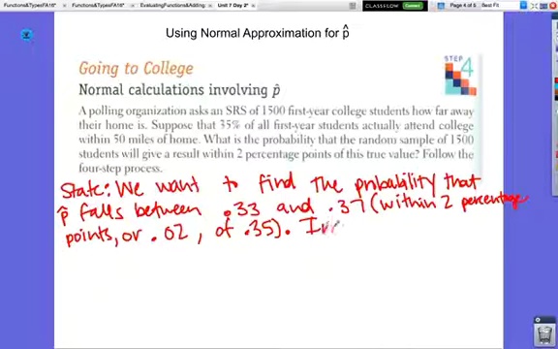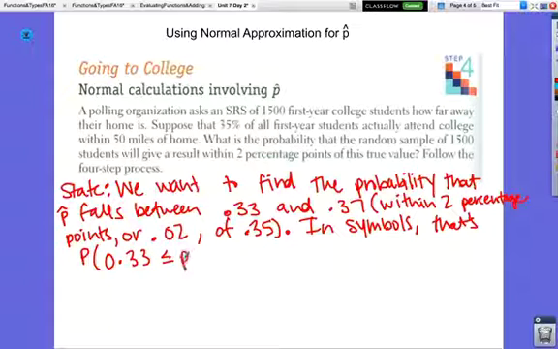Basically, what that means in symbols is that's the probability that p hat is greater than or equal to 0.33, but less than or equal to 0.37.